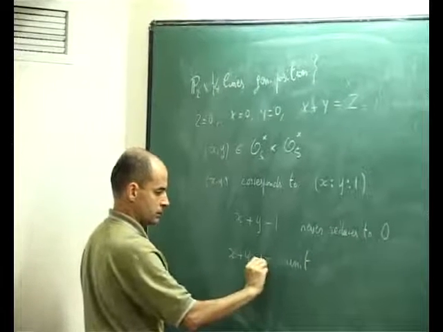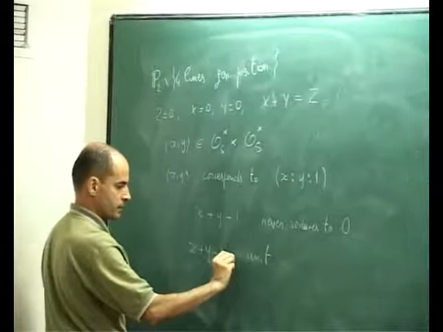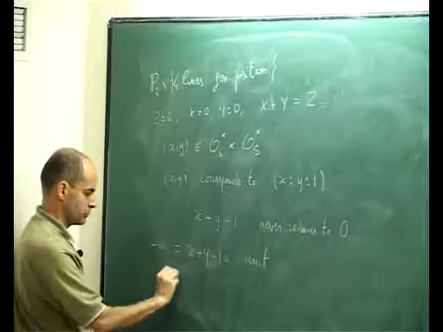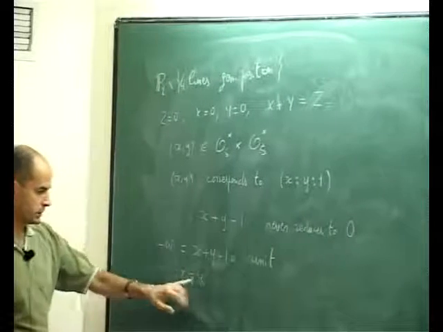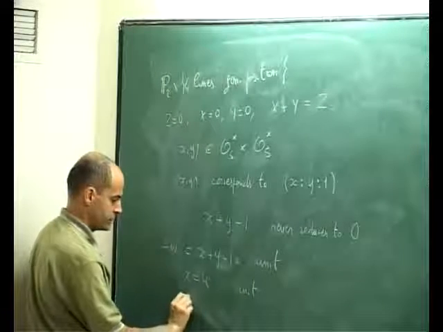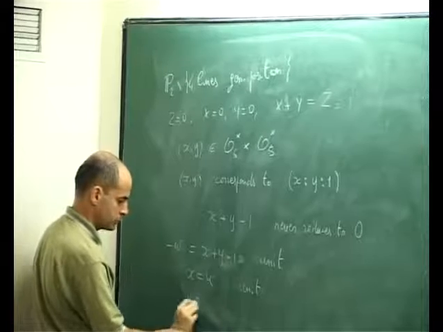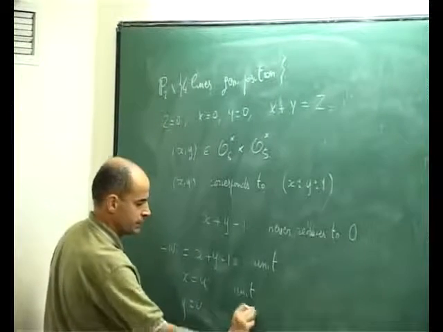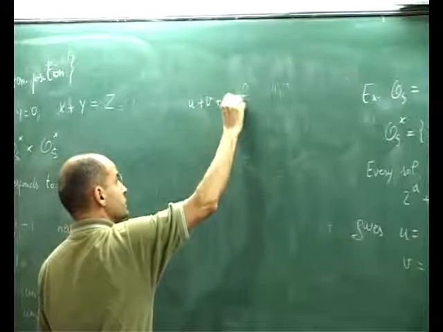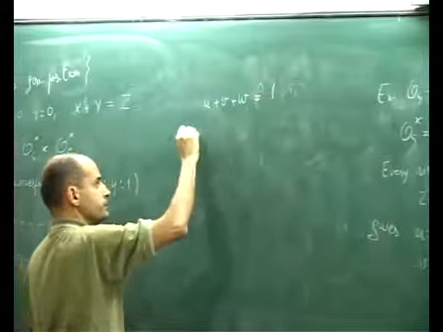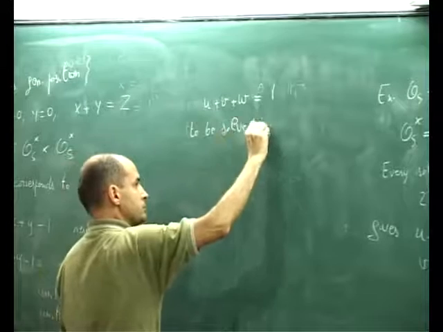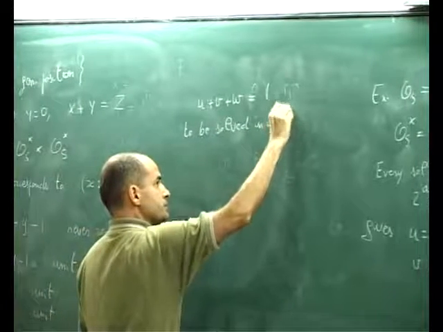Call it minus w, and x, change the name, call it u because it is a unit, and y is also a unit, so I call it v, and so I obtain the equation u plus v plus w equals 1 to be solved in units.